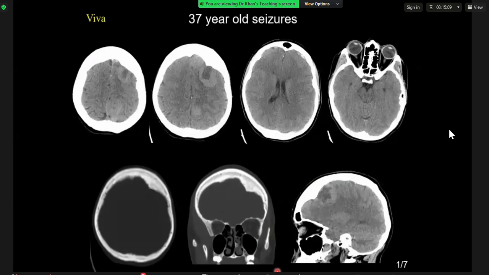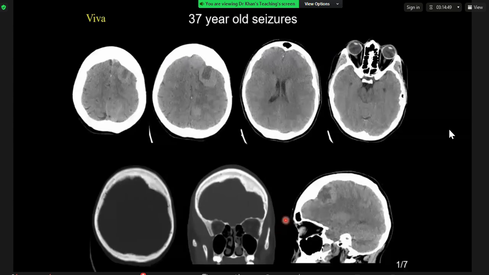And there is no calcification within. There is another lesion which I can see, which is slightly hyperdense, and it is in the posterior part of the left parafalcine region. And there's one again in the anterior part of the left parafalcine region. So I'm thinking that these are multiple meningiomas.